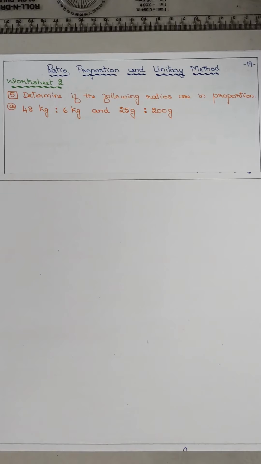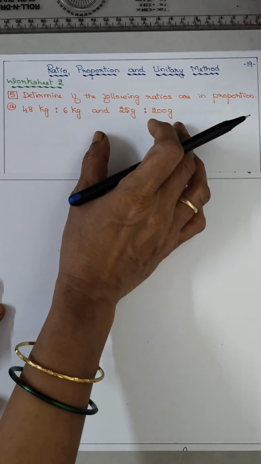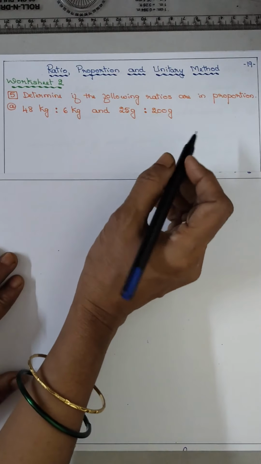In the example we have learned, find the ratio of the first two and find the ratio of the third and fourth and see whether they are equal.